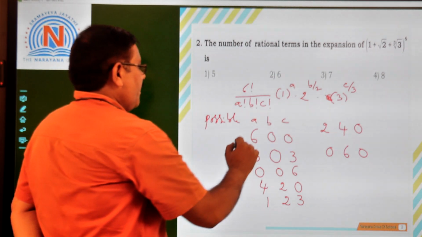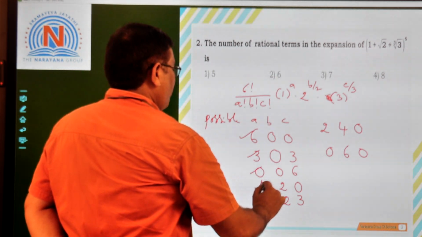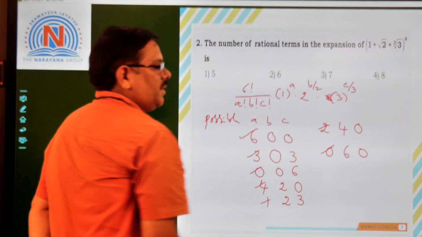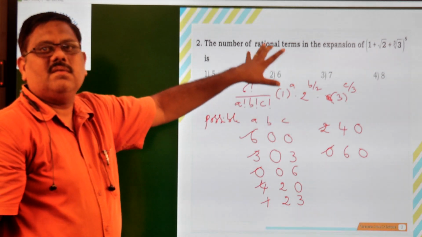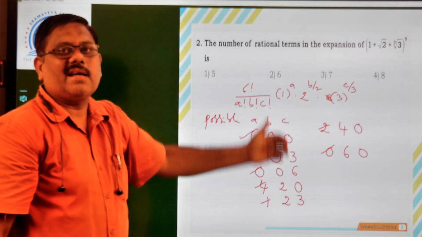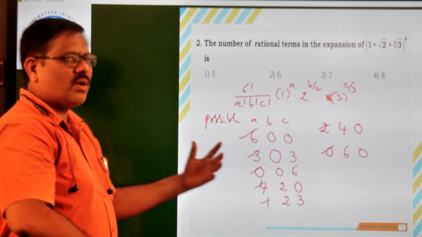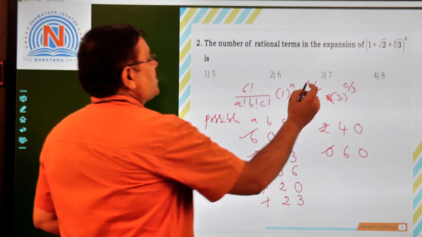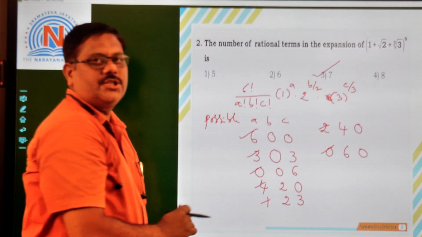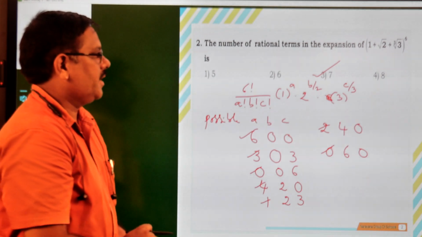So if you look at that, we have 1, 2, 3, 4, 5, 6, 7 possibilities. So in all these 7 cases, we are going to have the terms as rational terms in the expansion. So no need to write them, this is so we can understand. So there are 7 terms which are rational in the given expansion. Okay, now let us move to the next question.